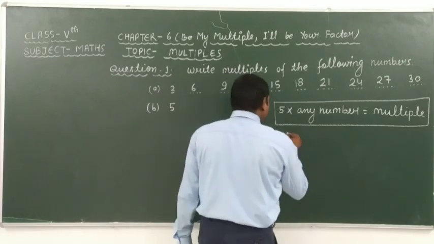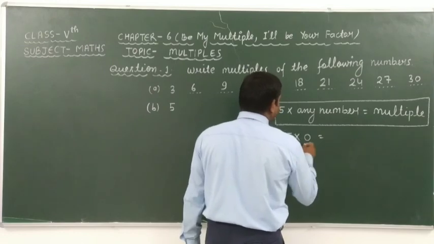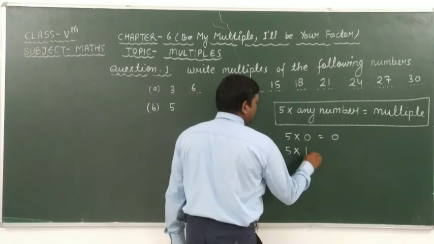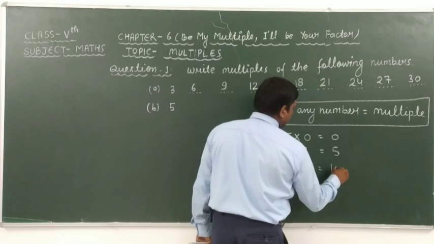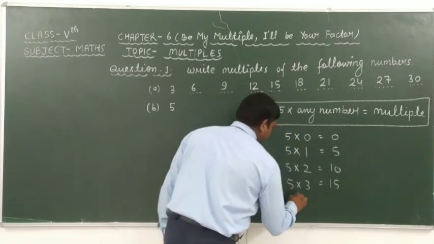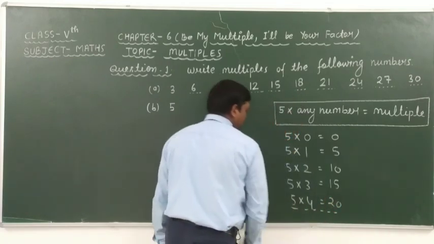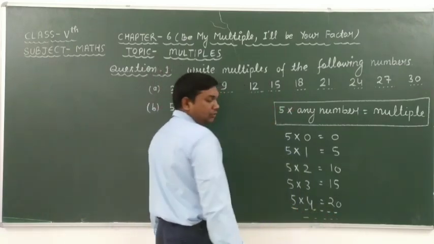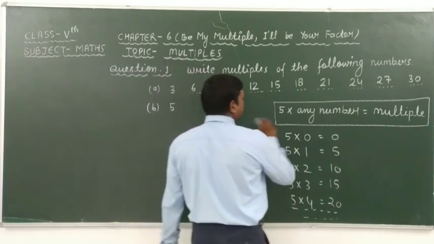Look here, given 5. If we take the multiplication of 5 and 0, we get 0. Similarly, 5 1s are 5, 5 2s are 10, 5 3s are 15 and 5 4s are 20 and so on. Similarly we can solve all given questions the same way. Now read this.